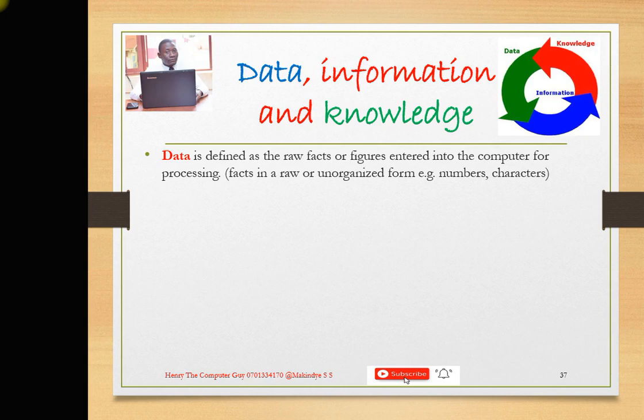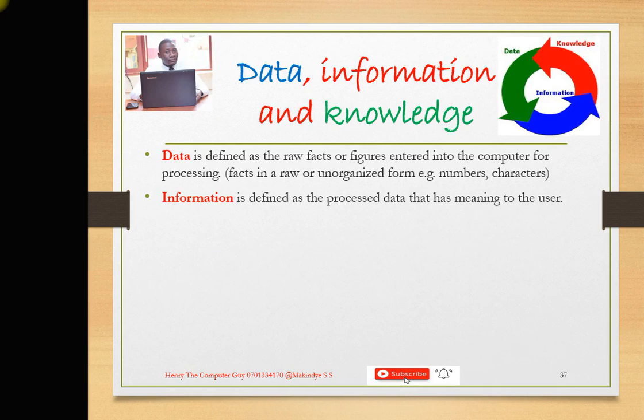Therefore, you can say that it is a collection of facts in a raw or unorganized form, e.g., numbers and characters. They do not have any meaning, or they are not organized at all. So we term that as data.